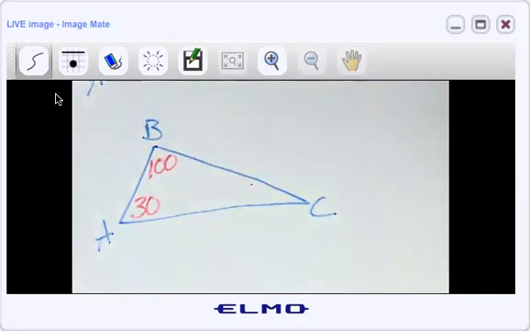Why don't I call on someone to tell me what the measure of angle C is? Dylan, what must the measure of angle C be? Close.